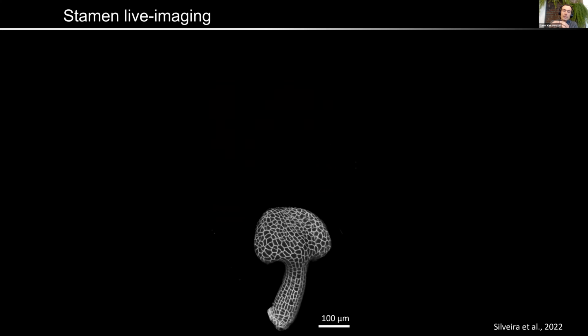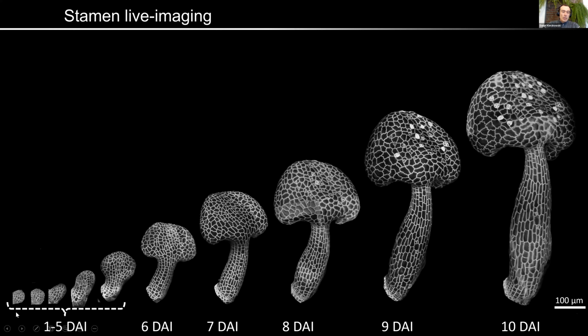The same as what you have seen in the movie is depicted on this image. We are actually observing the same stamen from 1 day after initiation, a tiny primordium of 30 microns, until 10 days after initiation, when you have a fully developed organ with different parts, and it's nearly ready to deliver pollen.